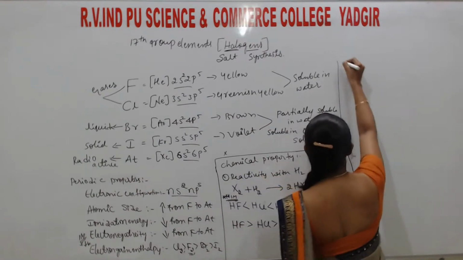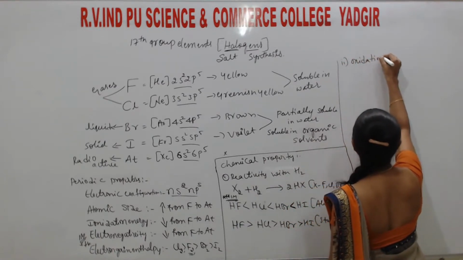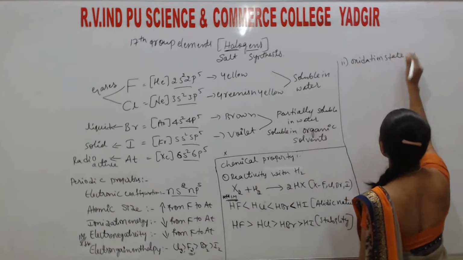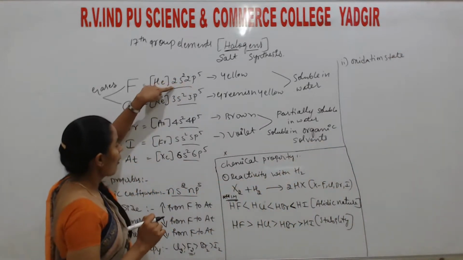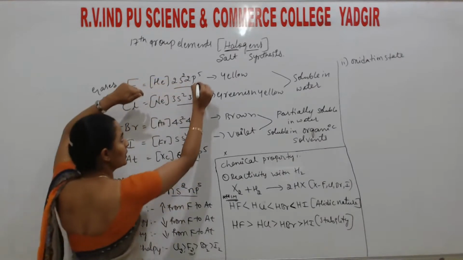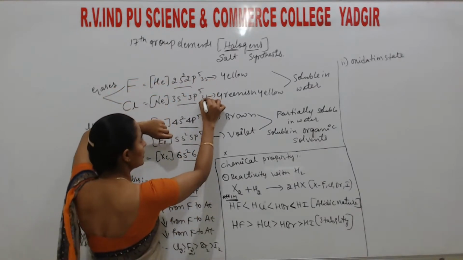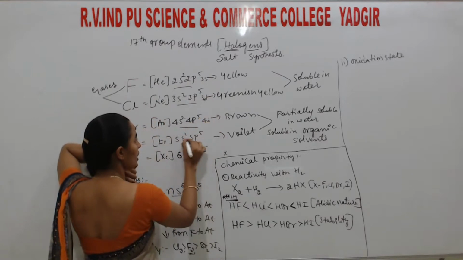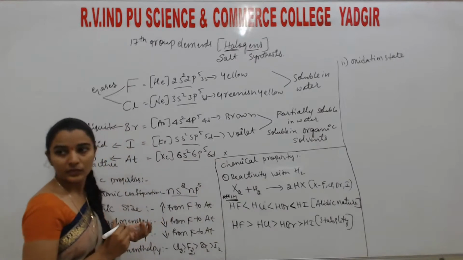Listen. The second chemical property is oxidation state. Listen here. Here 2s 2p is there. After 2s 2p, the next orbital is 3s. 3s 3p means next is 3d. 4s 4p means 4d. 5s 5p means 5d. 6s 6p means 6d. Correct?